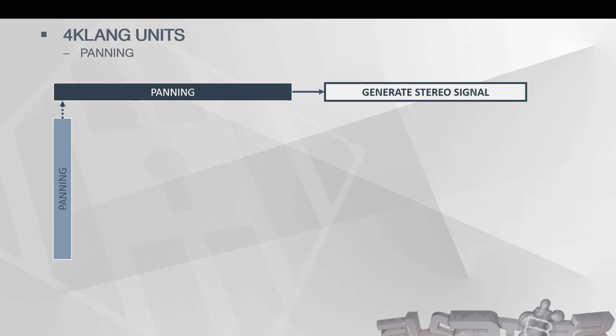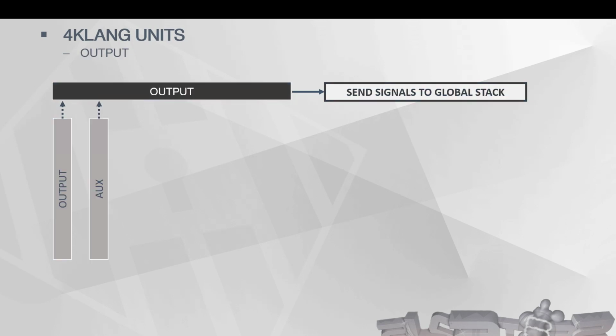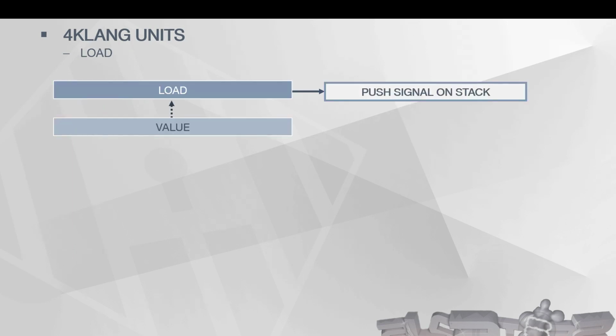Yeah, panning. Okay, slider for left and right. So it generates a stereo signal. And the output, where you can select the amount of signal, let's call it like this, which will be sent to the global stack, to the accumulate unit. Here you can select a value on the load unit, which pushes this value on the stack.